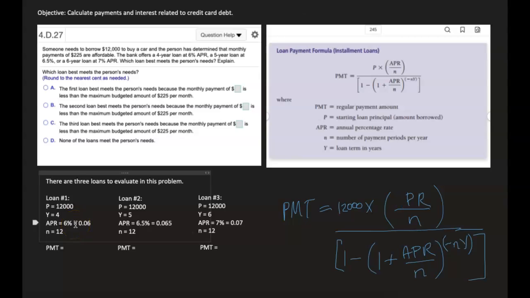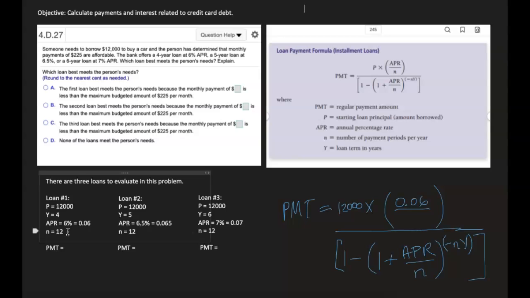So for APR, let's replace that with 0.06. N was implied here because we do know that we're making monthly payments. So by monthly, we are compounding 12 times per year. So N, number of payment periods per year, will be 12.